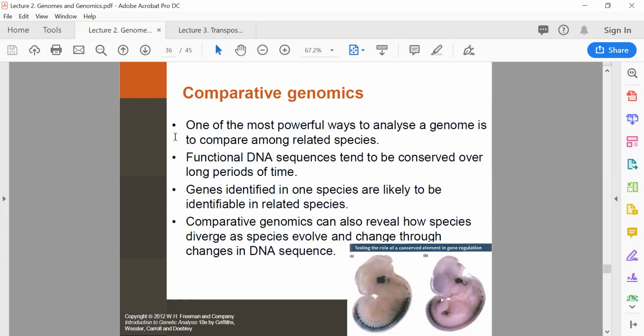And genes identified in one species are likely to be identifiable in related species, sometimes even in very unrelated species. And comparative genomics can also reveal how species change, how they diverge as different species evolve and change through changes in DNA sequence.